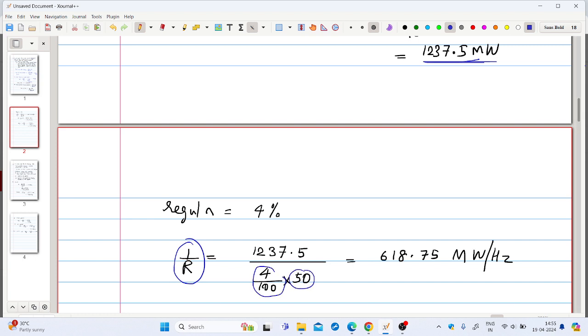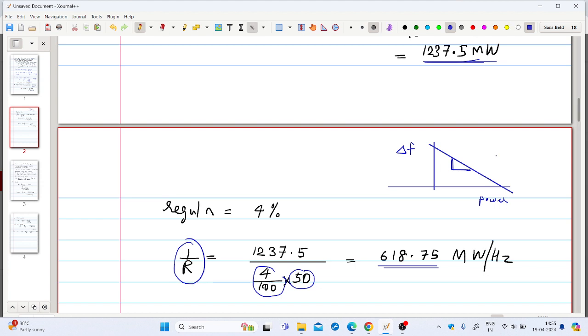So it is 618.75. This is the value of 1 by R, because you know from the characteristics, delta F and power output, this is the graph and this slope is 1 by R.